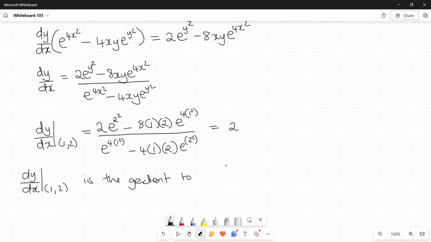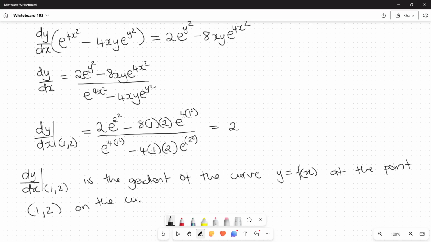Okay, so you can write it like this: dy/dx at the point (1, 2) is the gradient of the curve y = f(x), or you can write the equation that we have over there, at the point (1, 2).